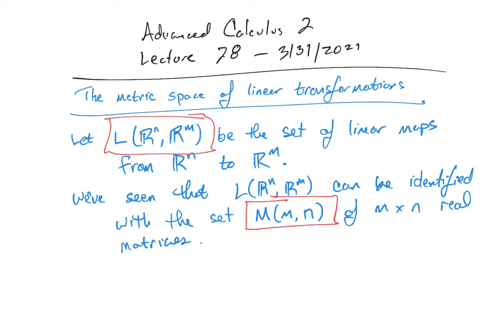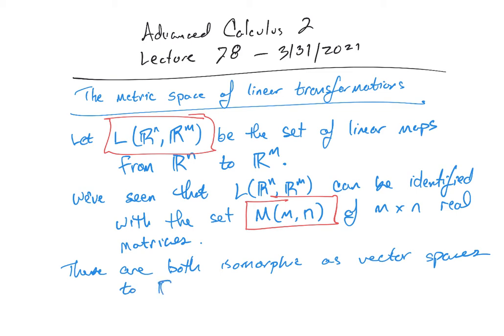Okay? Now, you may recall from linear algebra that all finite dimensional vector spaces of the same dimension are isomorphic. So these are both isomorphic as vector spaces to R to the m times n.